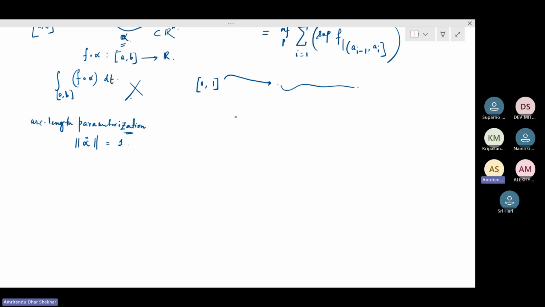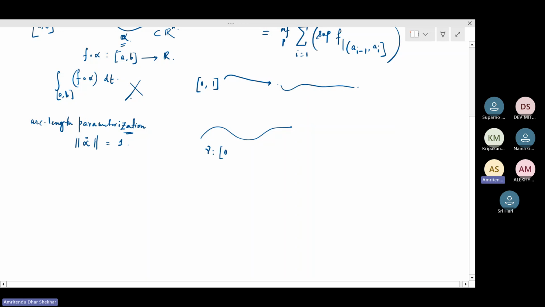So in other words, let's say you have a curve over here, and you could traverse this curve with a velocity of 1. Now let's say if you traverse the curve with a velocity of 1, it takes, let's say, L units of time to cover the whole length of the curve. So maybe this is a parameterization of the curve.